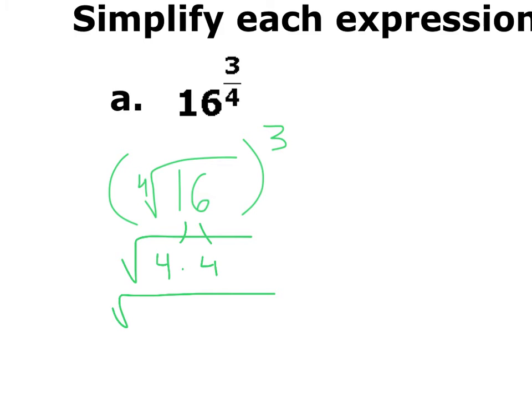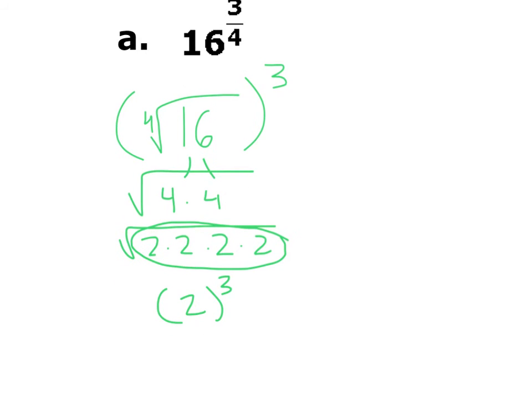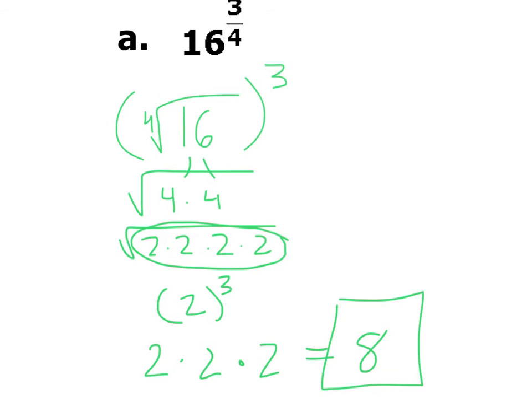What are 2 factors of 4? 2 and 2, and 2 and 2. So we have 4 2's that we can circle. So what's our answer here? 2. But then we still need to cube that. So now we need to do 2 times 2 times 2. So 2 to the 3rd power is the same thing as 2 times 2 times 2, which is 8. So our final answer here would be 8.